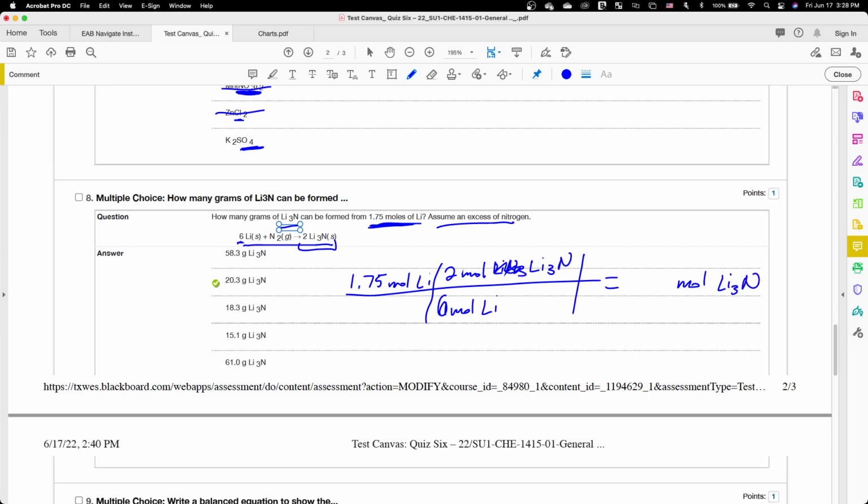As simple as that. So all you have to do is multiply 1.75 times 2 and divide by 6. Again, I got the 1.75 from the question. I got the 2 moles of lithium nitride from the balanced chemical equation. I got the 6 moles of lithium right here from the balanced chemical equation. And let me pull out a calculator real quick.